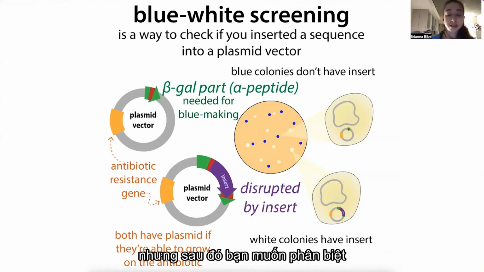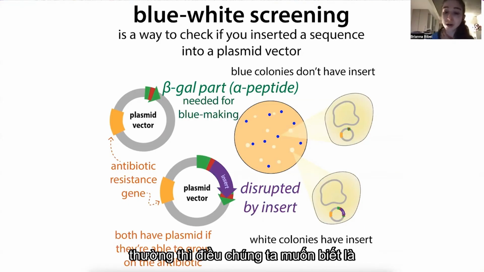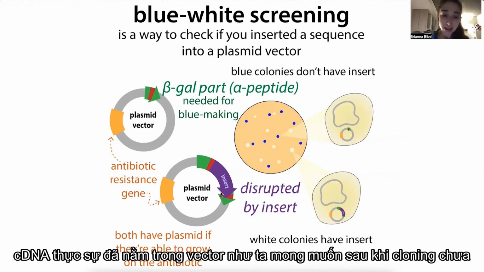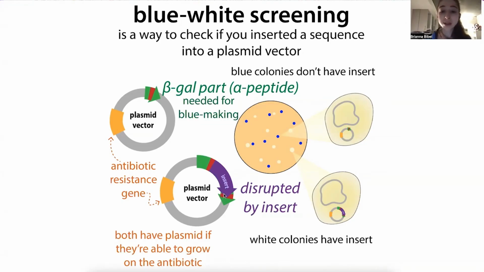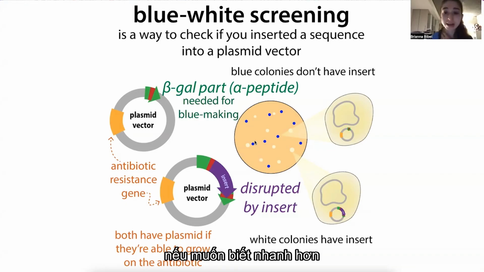But then you want to say, show me the ones that have this thing. Often what we want to see is, is our insert in the vector? Is the gene, the cDNA, actually in the vector like we think it is after we cloned? The real way we're going to test this is with sequencing. But first, if we want a quicker idea, we can do things like blue-white screening.